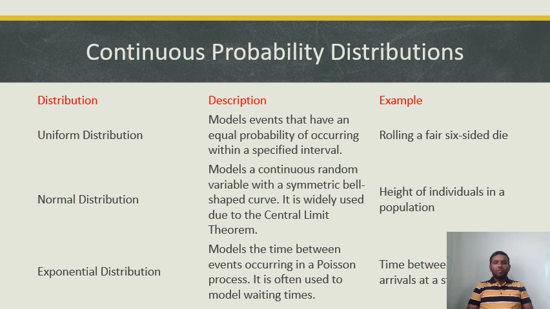Normal distribution models a continuous random variable with a symmetric bell-shaped curve. It is widely used due to the central limit theorem, for example the height of individuals in a population. Exponential distribution models the time between events occurring in a Poisson process. It is often used to model waiting times.